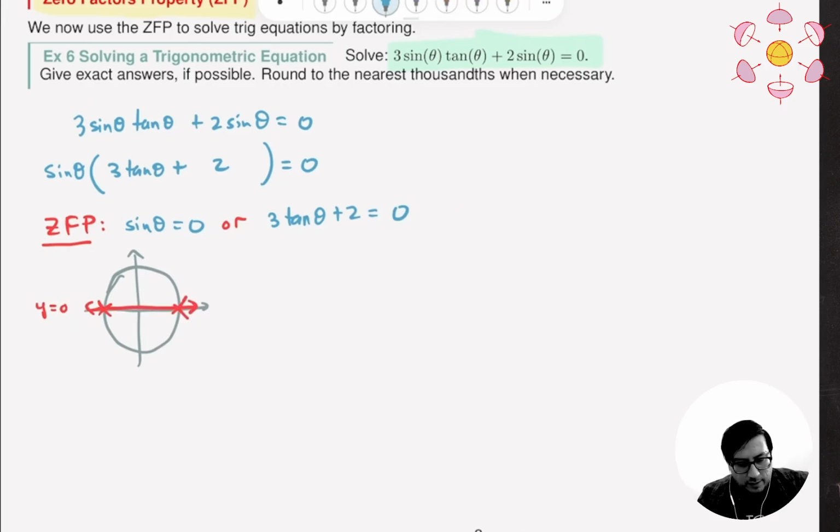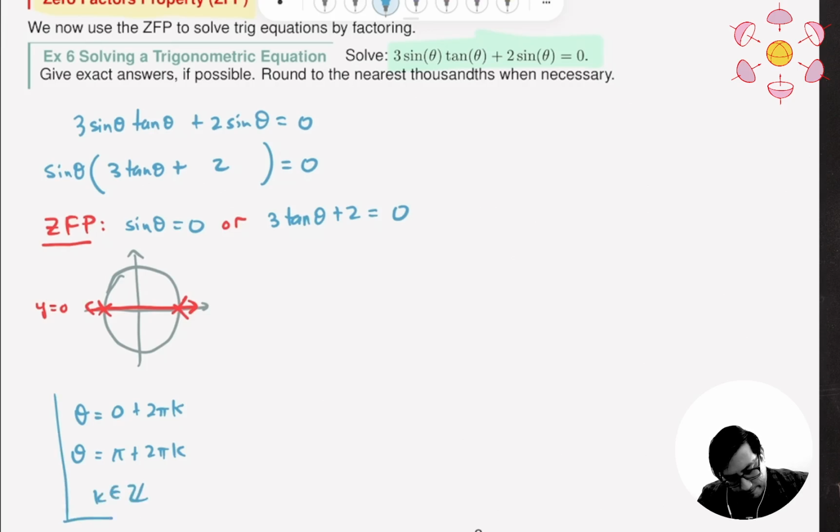So we can immediately write down the solutions are 0 and pi. Okay, 0 and pi. So if I want to write down all of the solutions, let's write it slightly differently. Let's write it as theta is 0 plus 2 pi k, theta is pi plus 2 pi k.